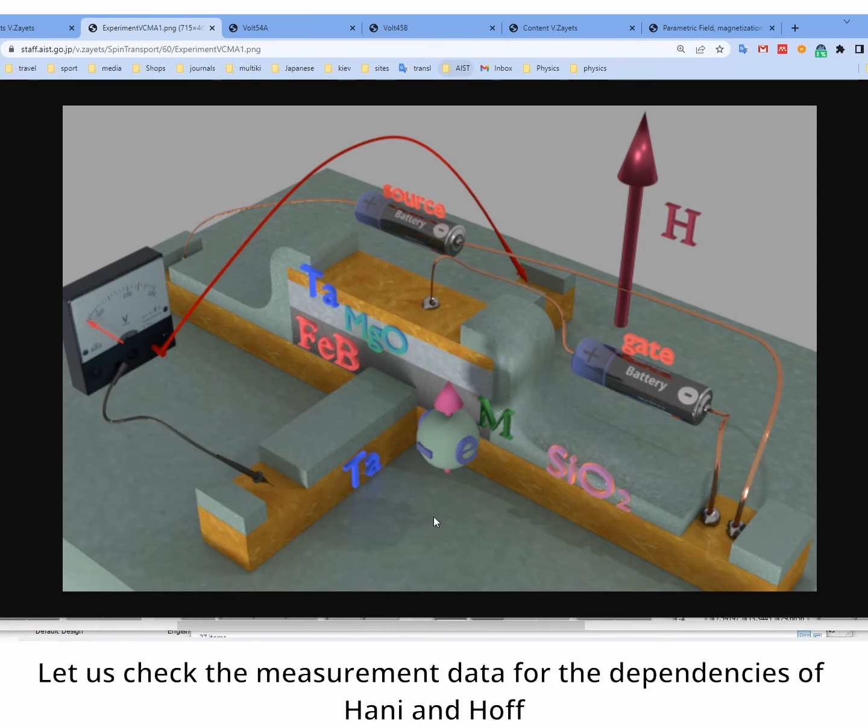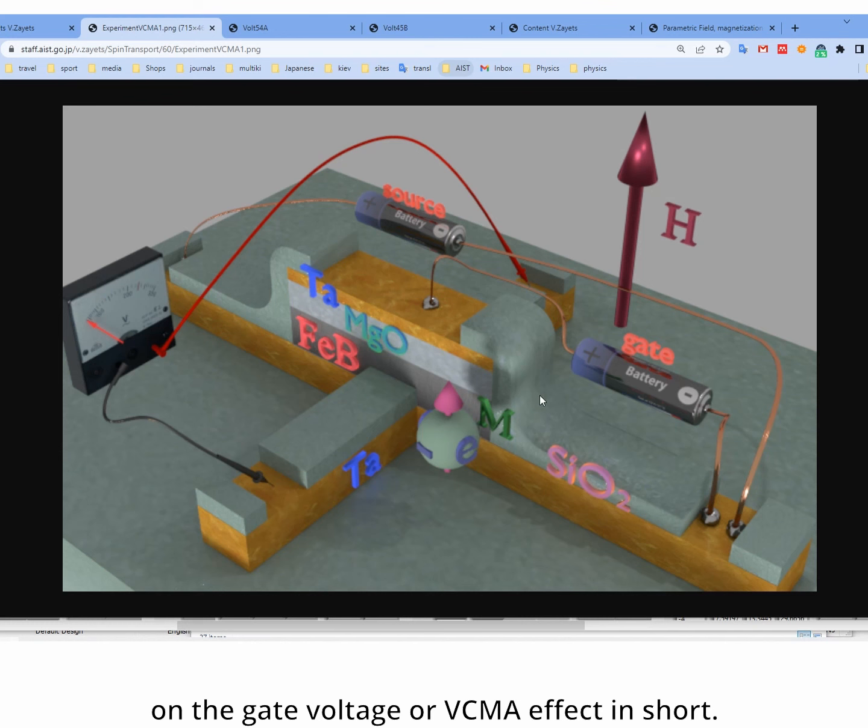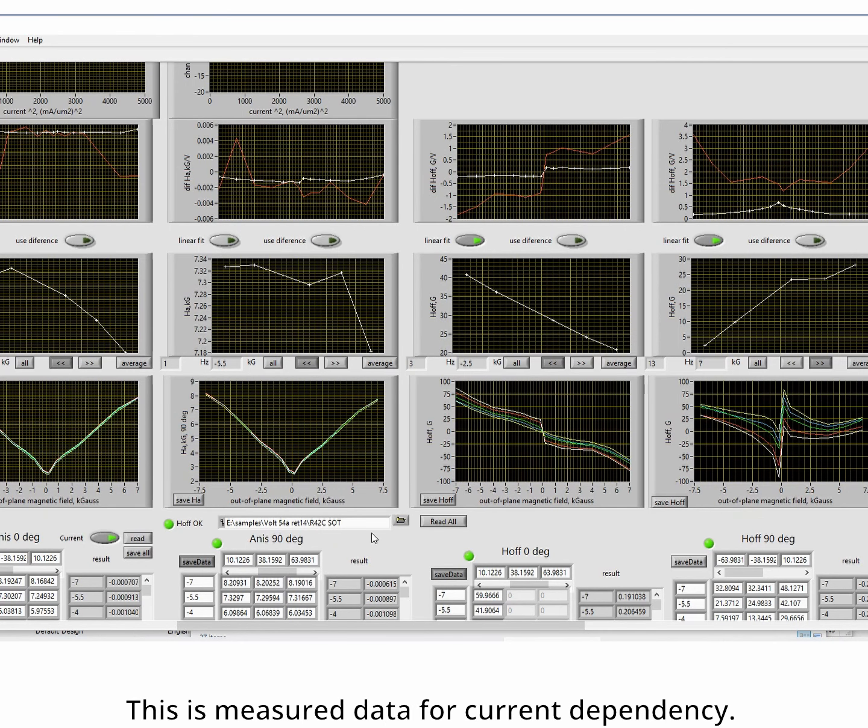Let's check the measurement data for the dependency of anisotropy field and offset field on the gate voltage, or the VCMA effect in short. This is the measurement data for current dependency. The data directory ended with SOT.